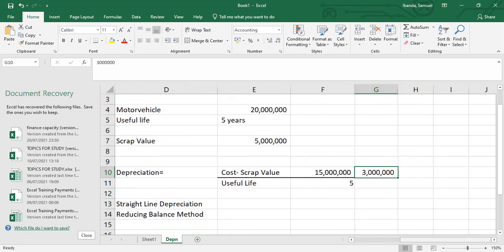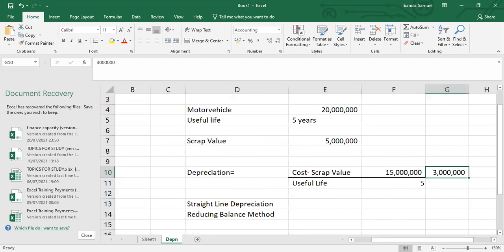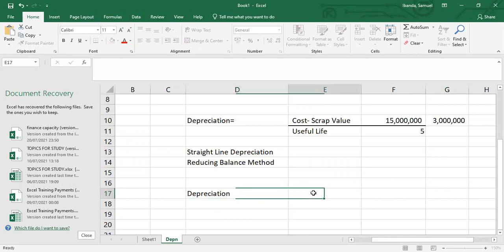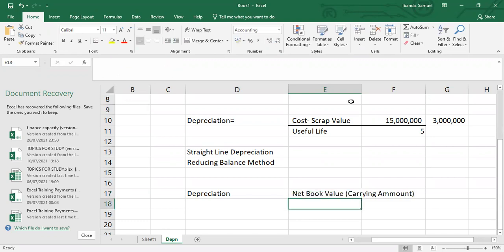So for our motor vehicle, I'm looking at depreciation and then the net book value. Net book value is what remains after you've deducted your depreciation. Sometimes this is called the carrying amount.